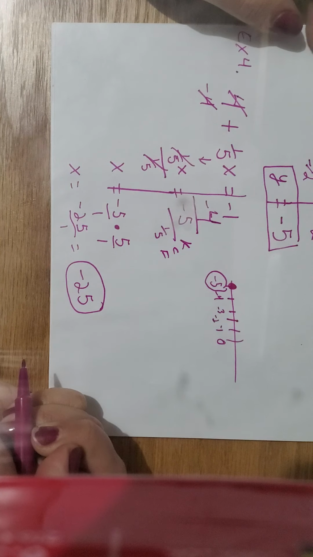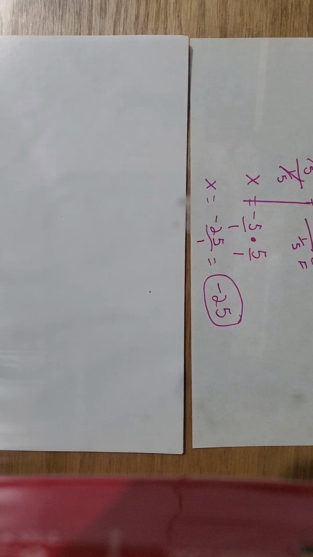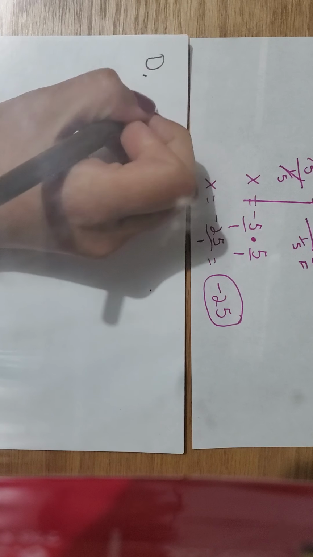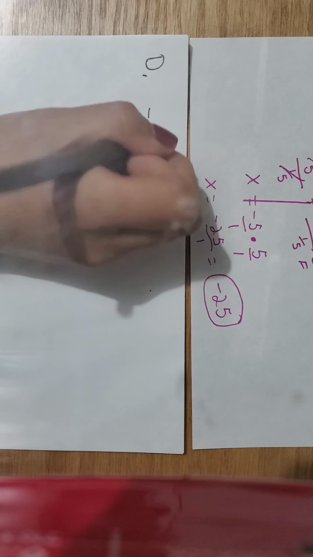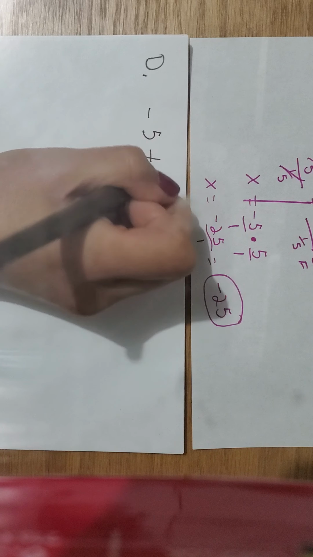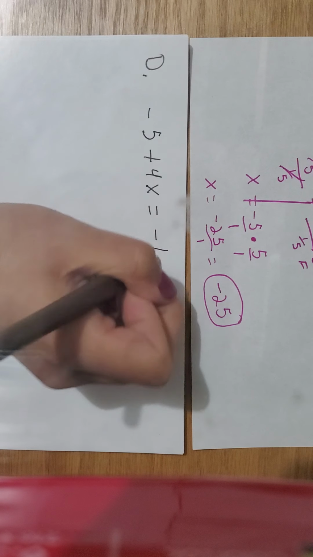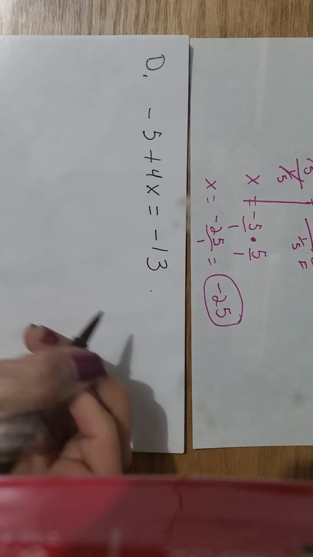So, at home, I want you guys to do the following ones. For letter D, -5 plus 4x equals -13.